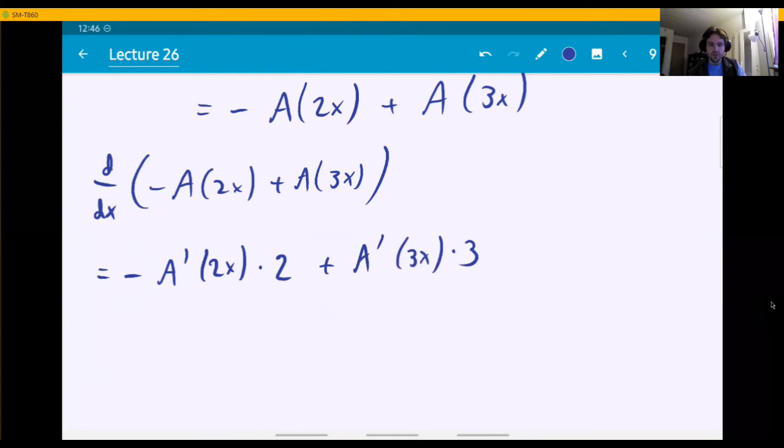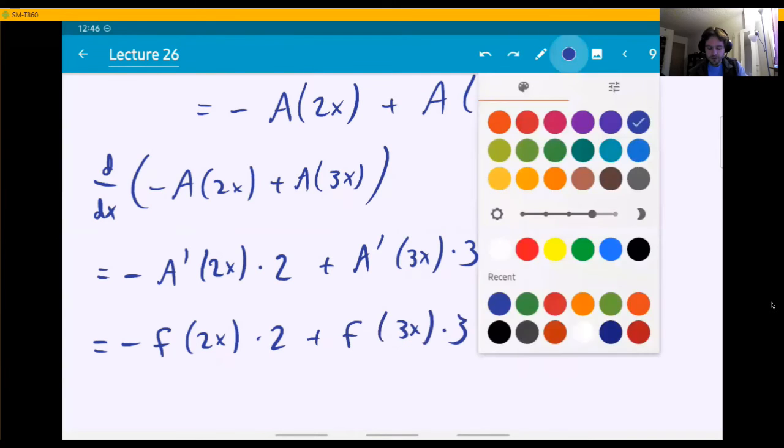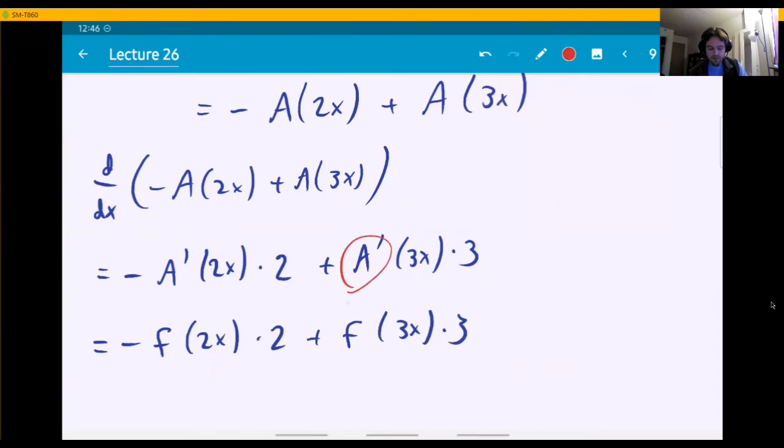I'm using the chain rule in each one of the terms. And the a prime function is the same as little f. That's the fundamental theorem of calculus. But you still need to evaluate it at the correct location, 2x and 3x. Okay, so fundamental theorem of calculus entered right here. A prime equals f.